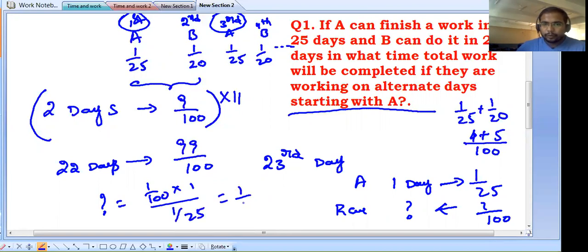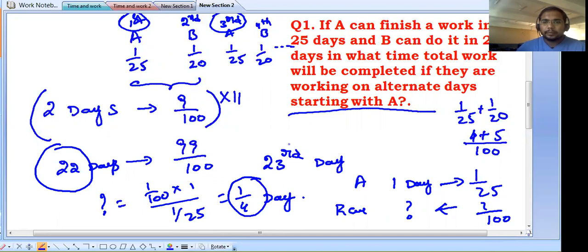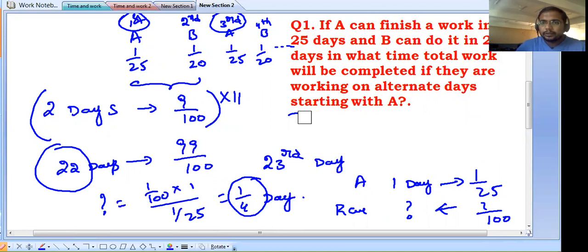That means 1 by 4 of a day he will take. Already 22 days are completed. Now 1 by 4th of a day he is taking extra. That means the answer for this question is 22 1 by 4 days.